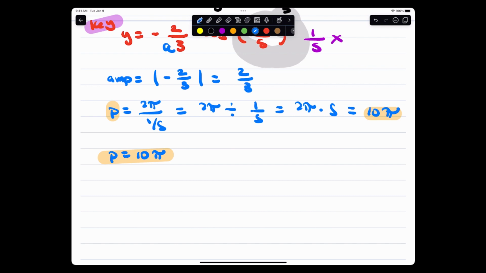Interval of 1 cycle. You start at 0, you end at what? 10 pi.